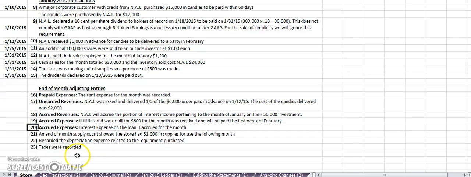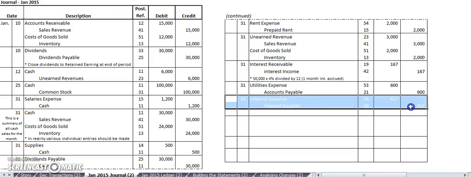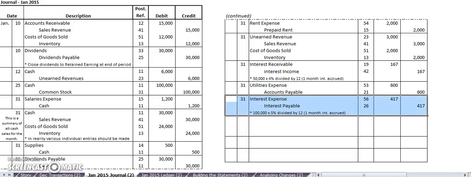There appears to be another accrued expense. Interest expense on the loan is accrued for the month. This is very similar to the interest income, except it's an expense. So let's see, what do we do here? We're going to calculate the interest expense for the month, which is $100,000 times 5% divided by 12. That's going to be $417.